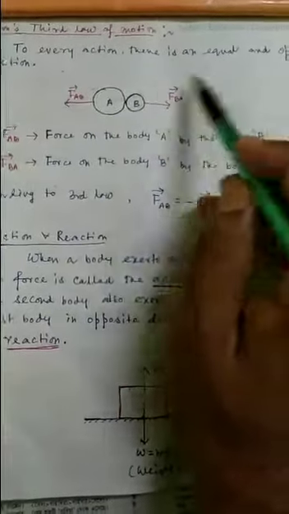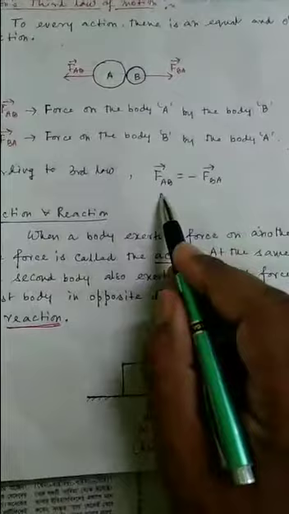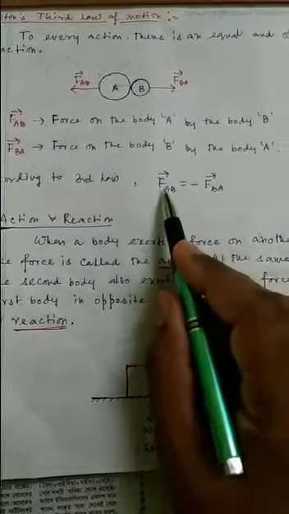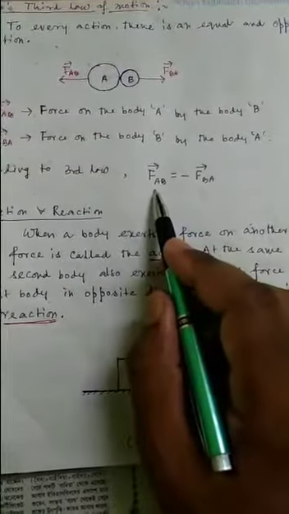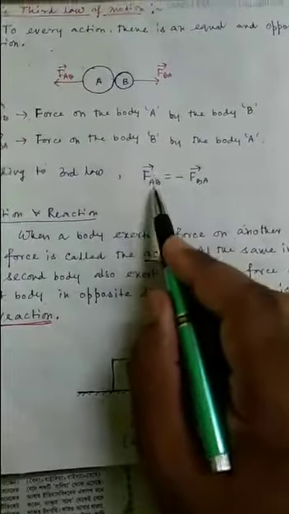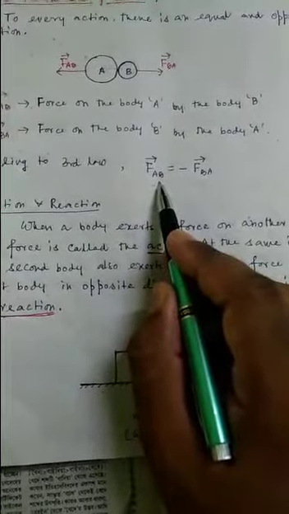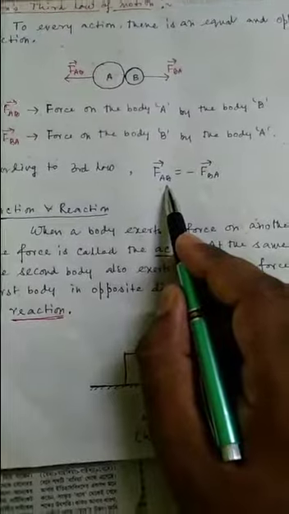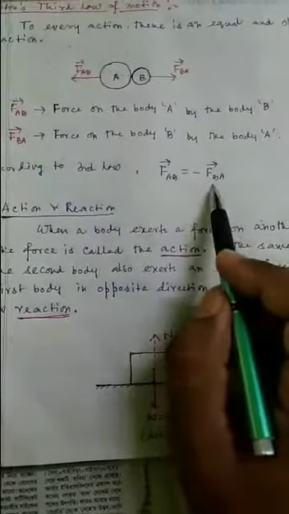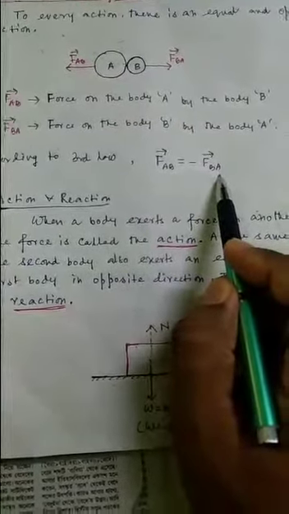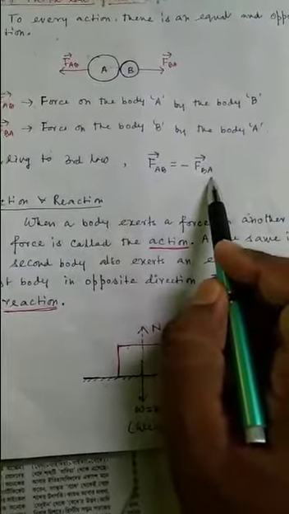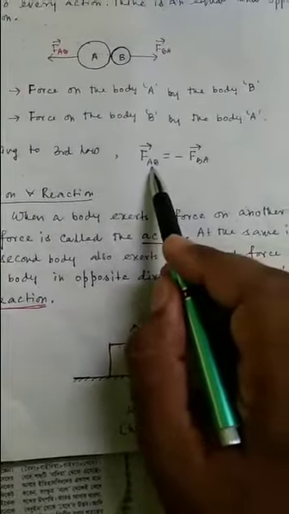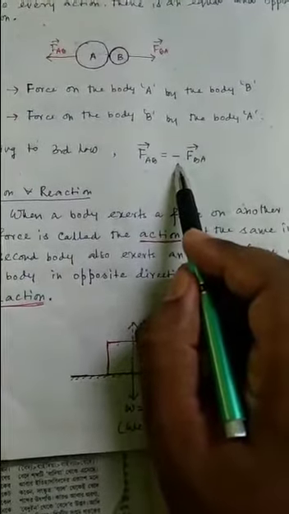According to the statement, we can mathematically express the third law. Force is a vector quantity, so F vector AB, that is the force on A by B, is equal to minus F vector BA, that is the force on body B by body A. Look at the negative sign here.